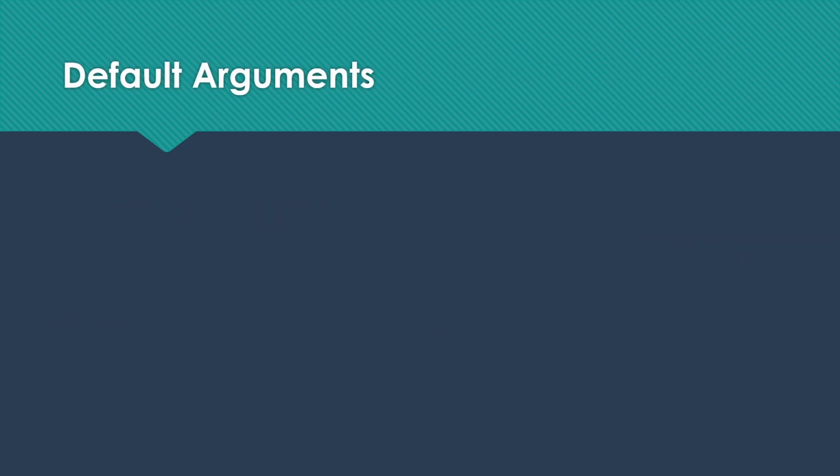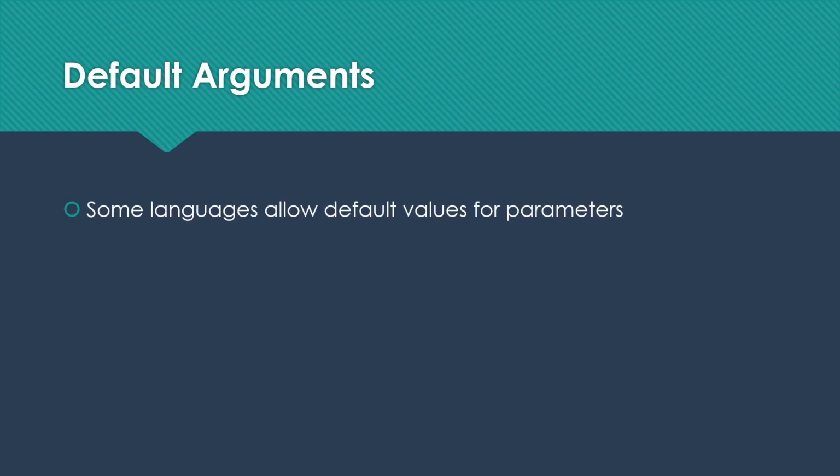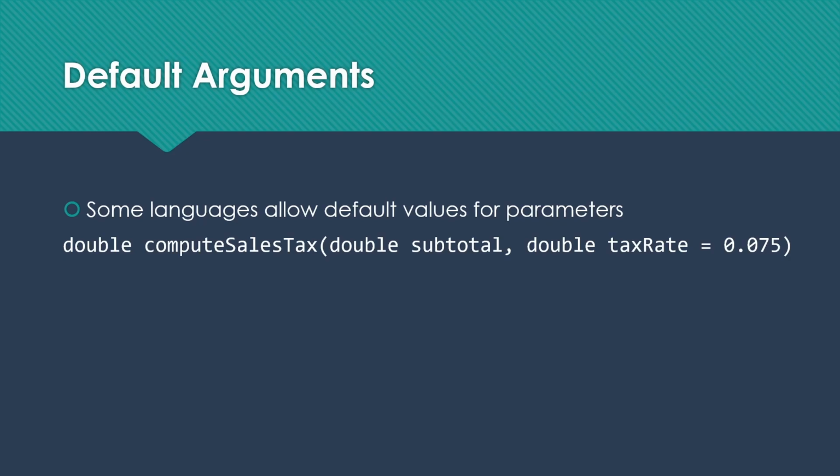We do have one variation called default arguments that some languages allow for. For example, C++ and Python both allow for default arguments, while Java does not. The idea is that when I'm actually defining the function and setting up the formal parameters, I can specify a default value. And then if a value is not provided when the function is called, that default value gets used.